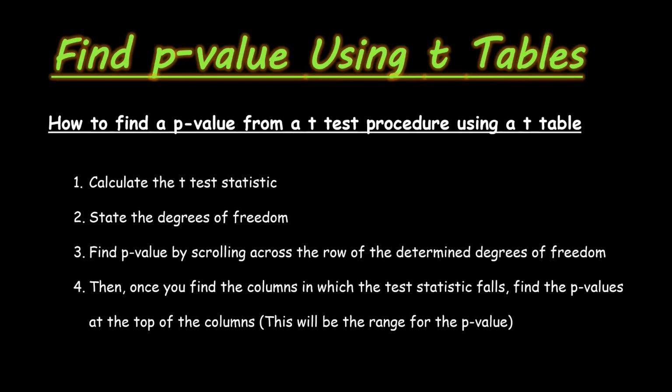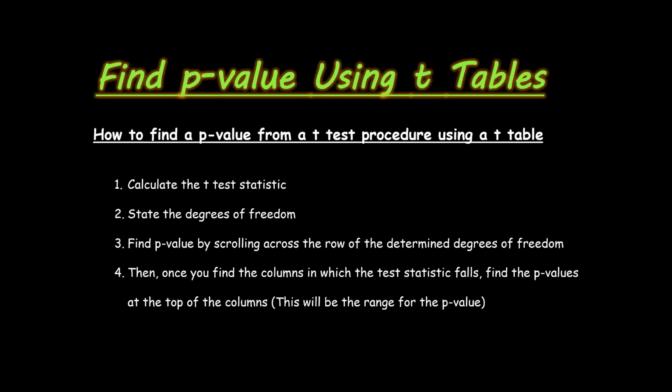You can check out a video linked down in the description box below on how to determine which type of t-test to use based on the wording in a problem. But for this video, we are just going to focus on how to find both sides of the p-value.